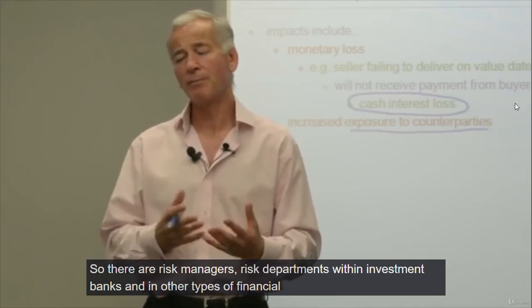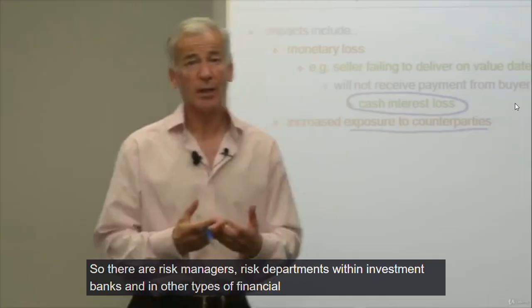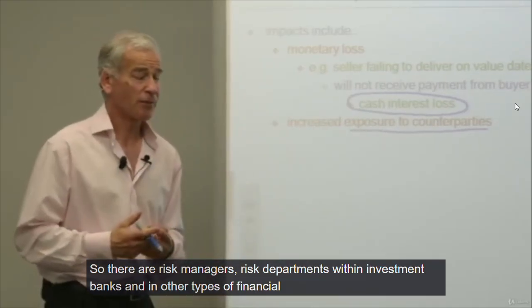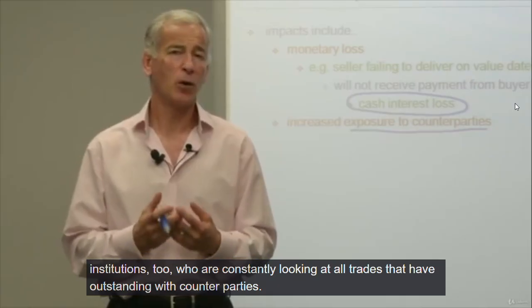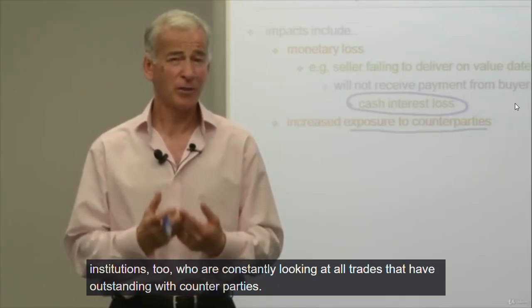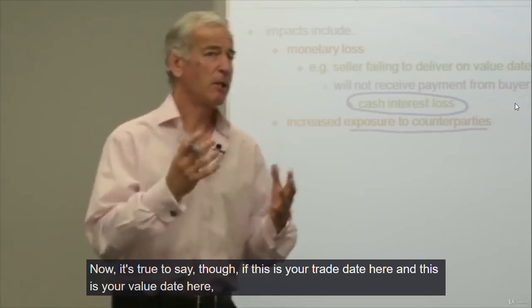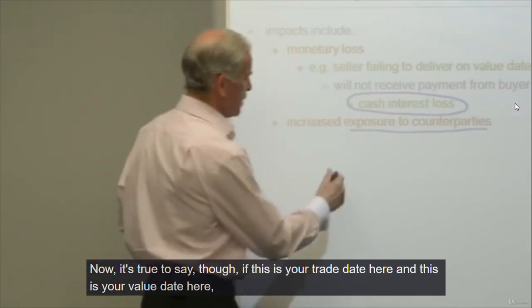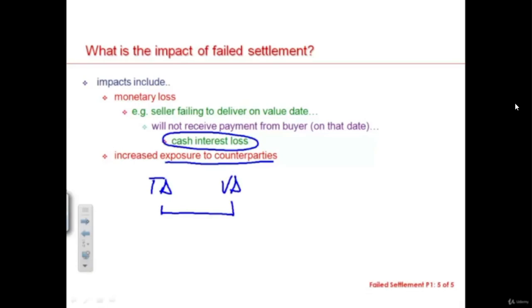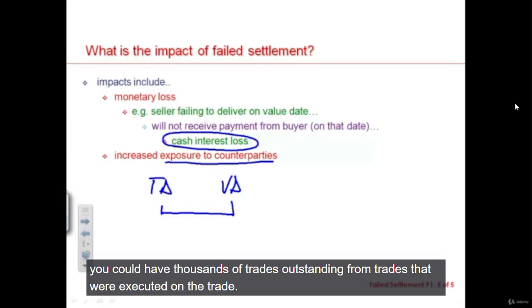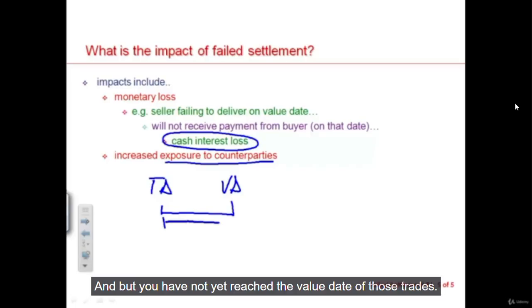So there are risk managers, risk departments within investment banks and in other types of financial institutions too, who are constantly looking at all trades that they have outstanding with counterparties. Now, it's true to say though, if this is your trade date here, and this is your value date here, you could have thousands of trades outstanding from trades that were executed on the trade date, but you have not yet reached the value date of those trades.